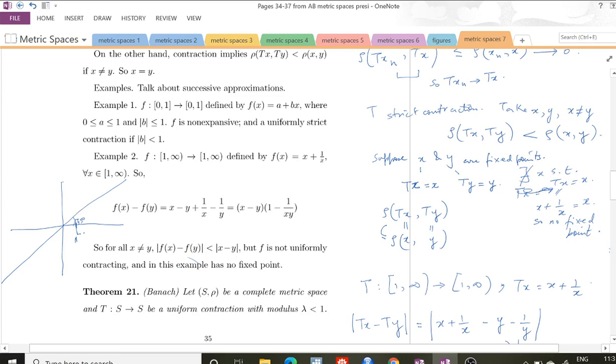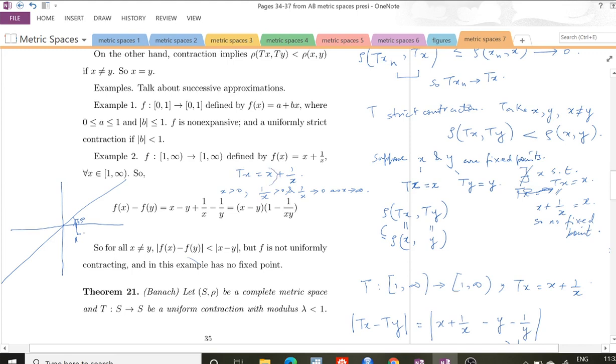Nevertheless, let me just try and plot this function Tx is equal to x plus 1 by x. So if I look at positive x's, I have that 1 by x is positive and 1 by x goes to 0 as x tends to infinity, right?